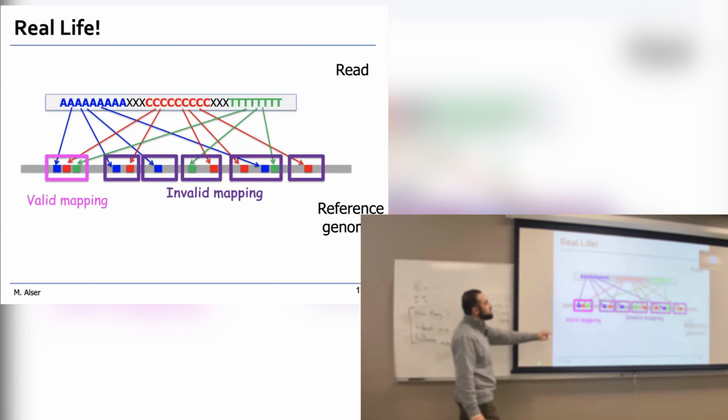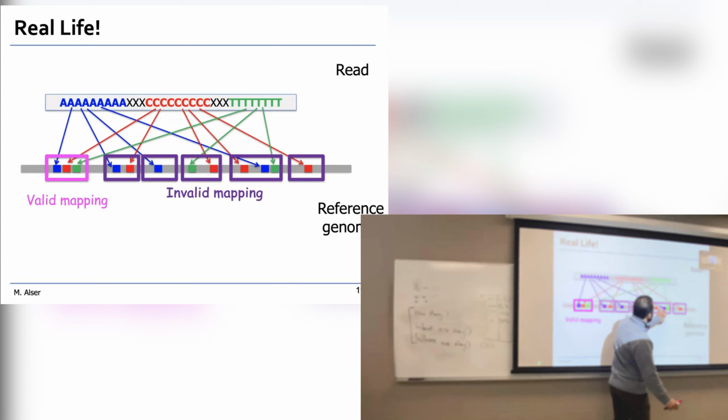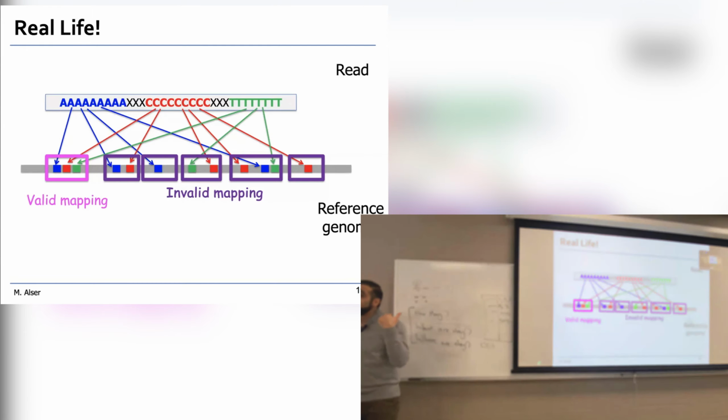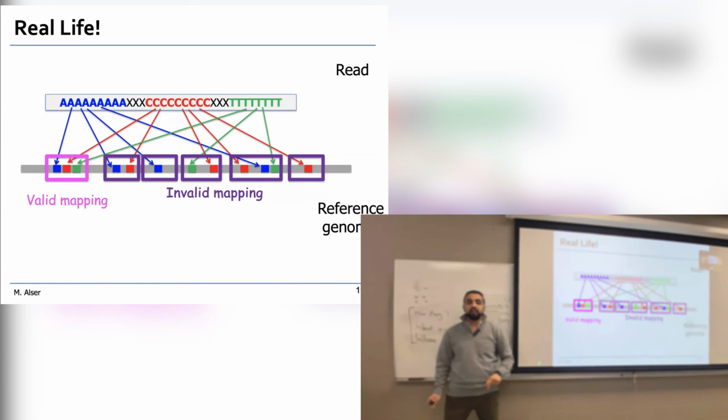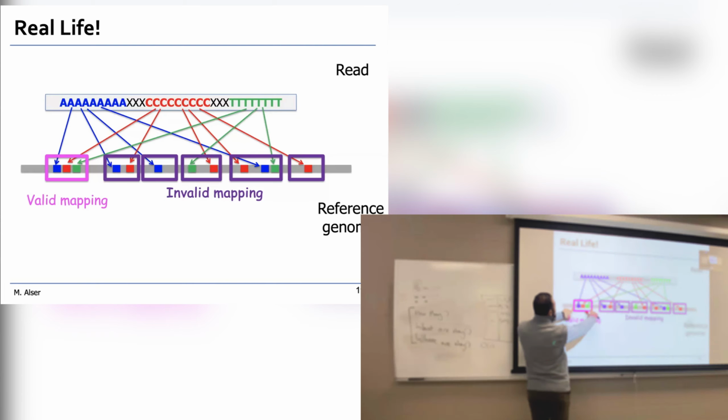So we said that this is probably the valid location, and those are invalid based on some of our assumptions. Okay? So make sure you make valid assumptions in your lab assignments. Now, we identified already this location as valid. So what do we do? We pick a subsequence from the reference genome over here, for example.